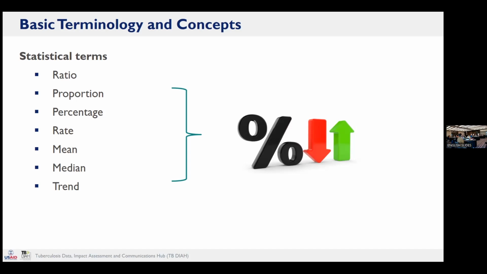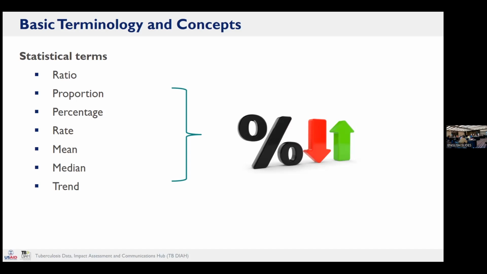So let's be together now. Analysis is a very interesting topic. We can discuss this topic the whole day. Since you don't have time now, you pick one, only one, and you go back to the PBMF 10 core indicators. Any indicator that can be measured by one of them. For example, if Moldova picks ratio, you go back to the list of TB indicators.